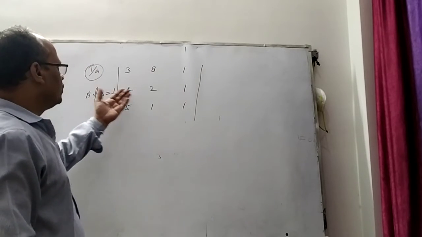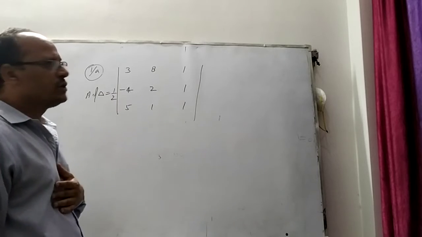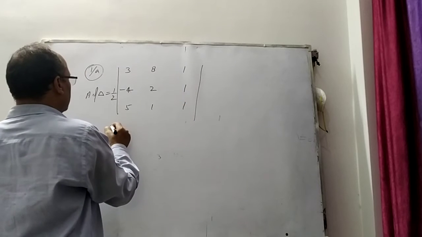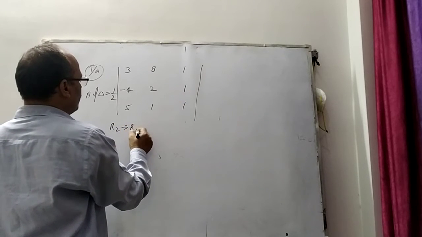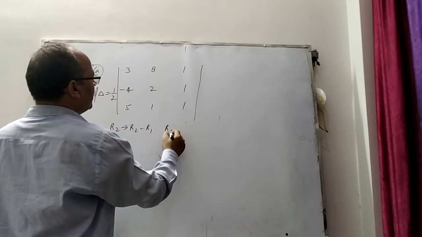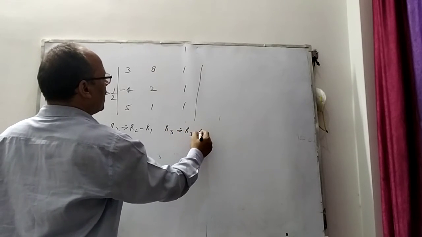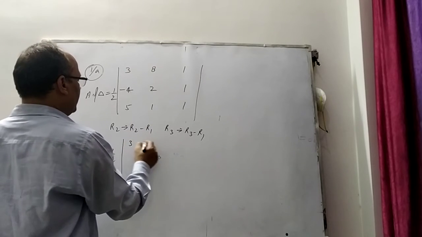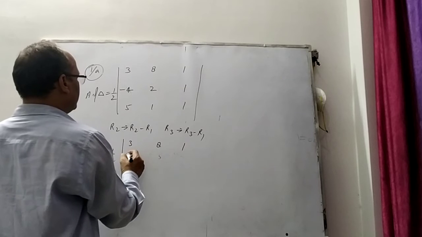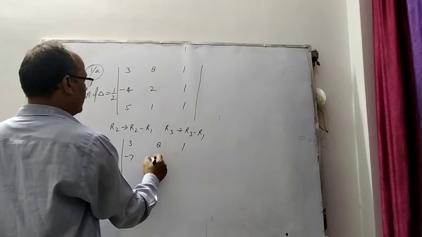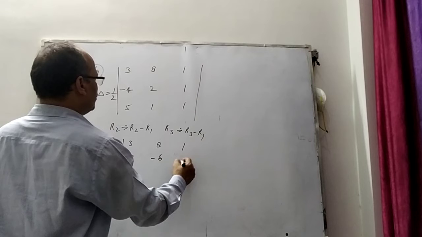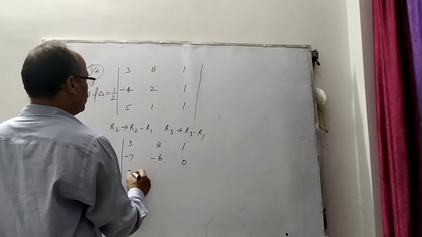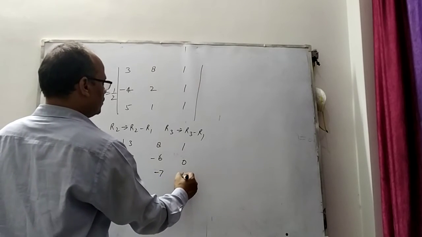If you want to use property, you can use, or directly you can find out this value. You want to make this 0, you can make this. So R2 tends to R2 minus R1, R3 tends to R3 minus R1. Then 1 by 2, then 3, 8, 1, minus 7, minus 6, 0, 2, minus 7, 0.